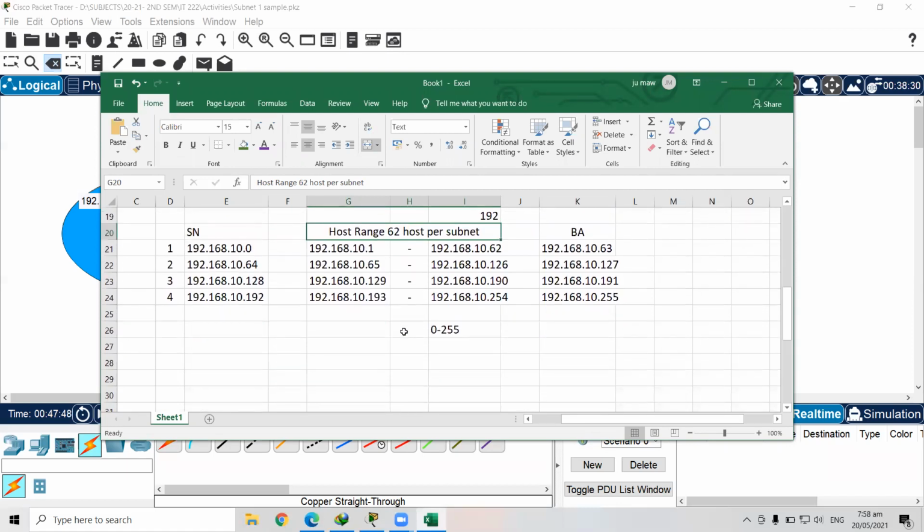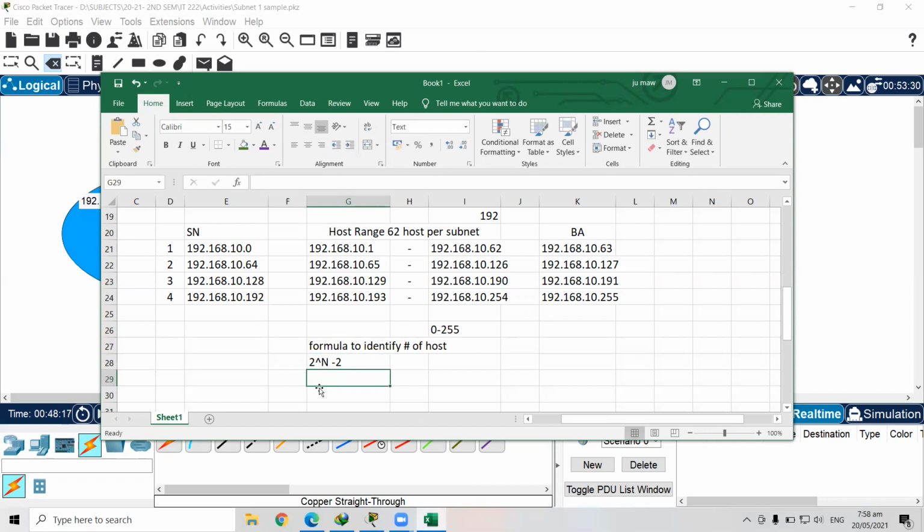Yung formula pala to identify the number of hosts, may formula tayo. Kung bibilangin mo, paano kung marami na ang taas ng value? Mas maganda, gamitin mo na lang ang 2 raised to the power of n minus 2. Yan yung formula ng number of hosts.